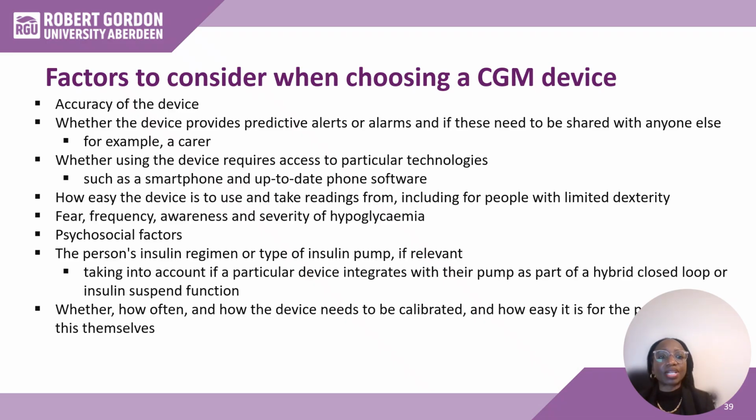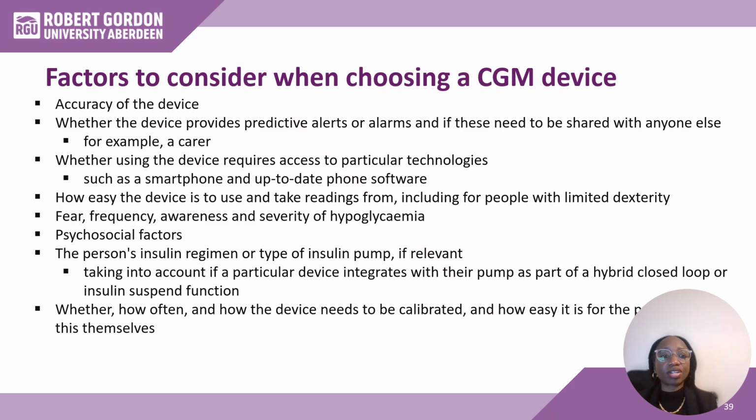Fear, frequency, awareness, and severity of hypoglycemia is something to consider as well as psychosocial factors. So the person's insulin regimen or type of insulin pump, if relevant, take account if the particular device integrates with their pump as part of a hybrid closed loop or insulin suspend function. So these are quite niche in their own right, but I thought I'd mention them here for completion.